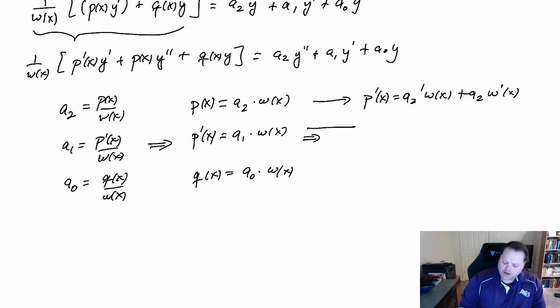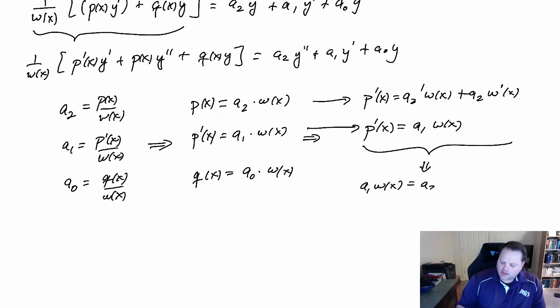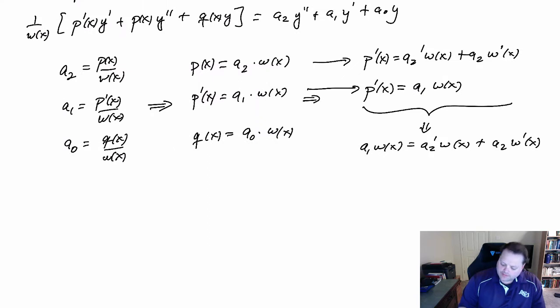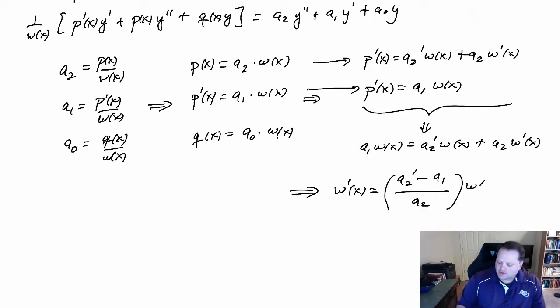And comparing it here, where you've got p prime of x is a1 w, the conclusion from all of that is that a1 w of x equals a2 prime w plus a2 w prime. So if you solve this for w prime, what you'll obtain is a2 prime minus a1 divided by a2, all of that times w of x.